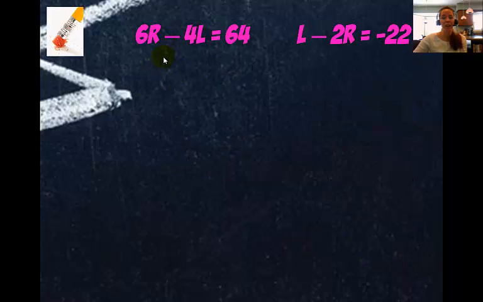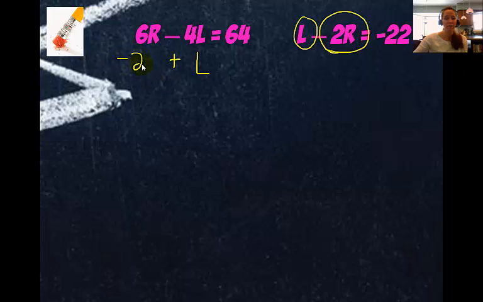6r minus 4l equals 64, and then l minus 2r equals negative 22. I'm going to line everything up, okay? Let's put our positive l right here. So this positive l goes under my 4l, negative 2r's, and then negative 22. I could do a couple things.